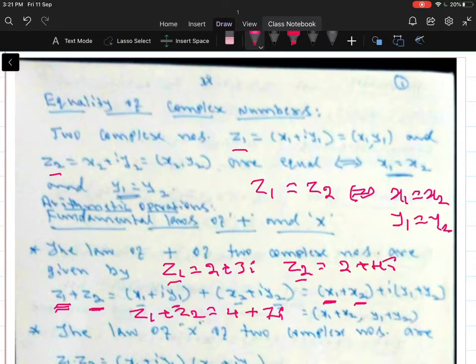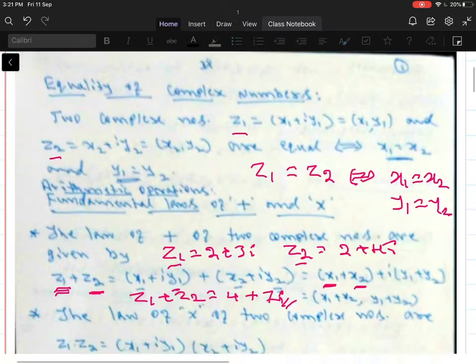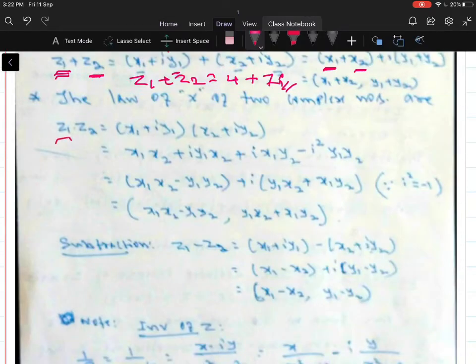So the addition of the two complex numbers 2 + 3i and 2 + 4i is 4 + 7i.